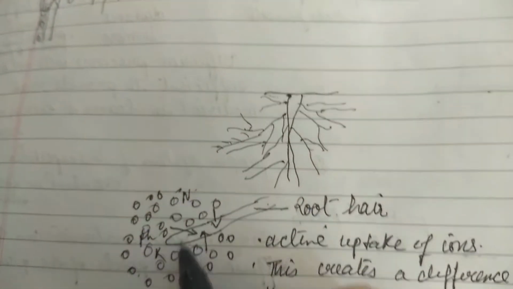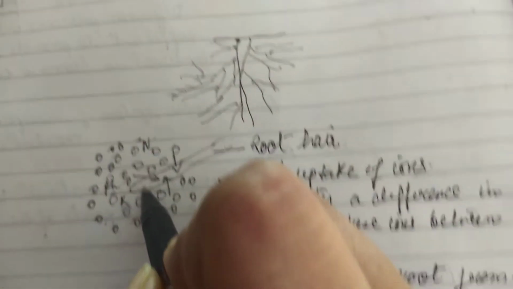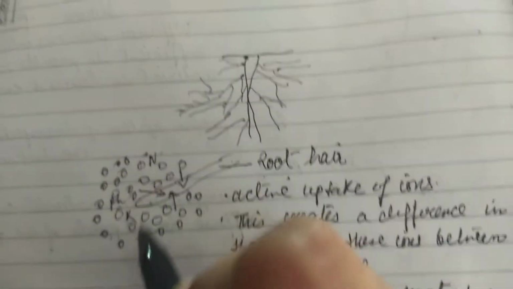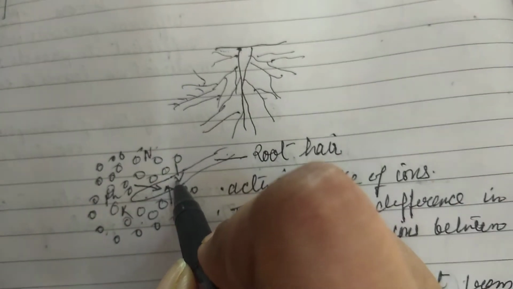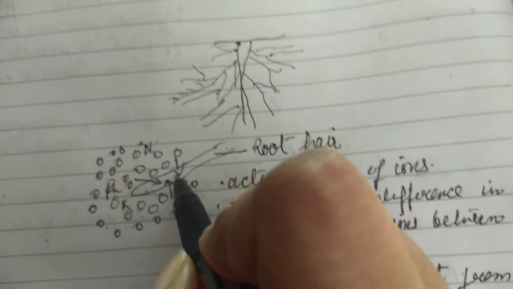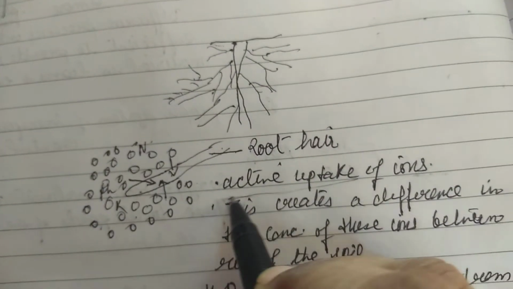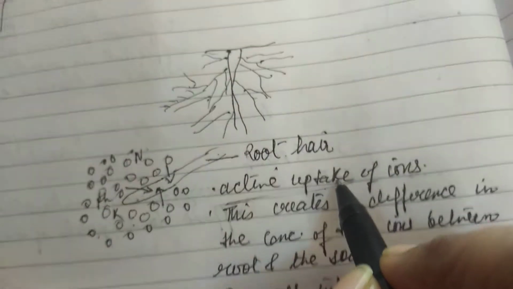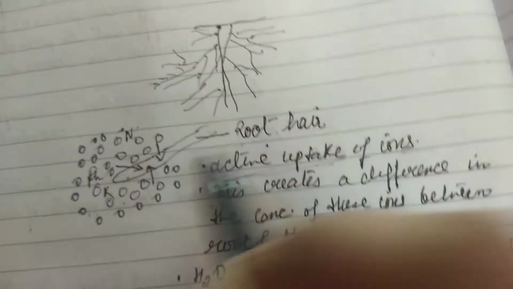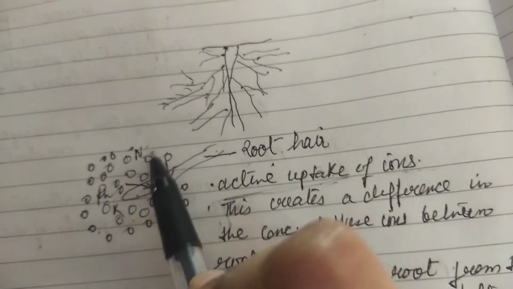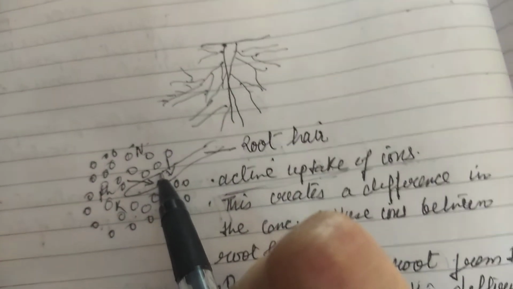So they take these ions through active absorption. Active uptake of ions happens in the root here, and this active uptake is at the expense of energy. So energy is needed in the form of ATP. So these ions are absorbed by these root hairs.